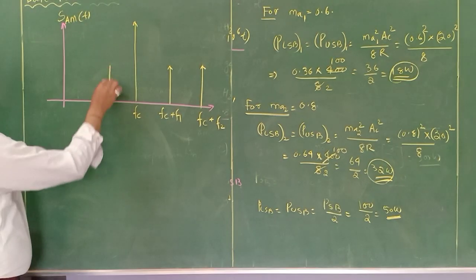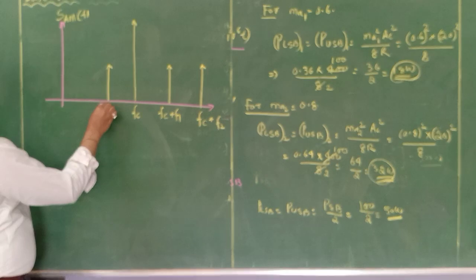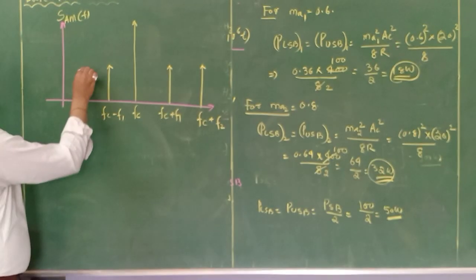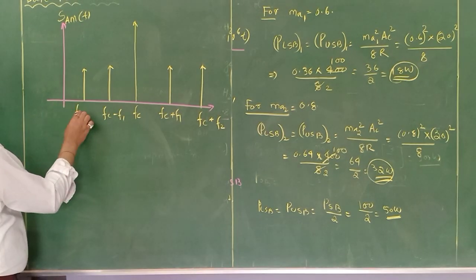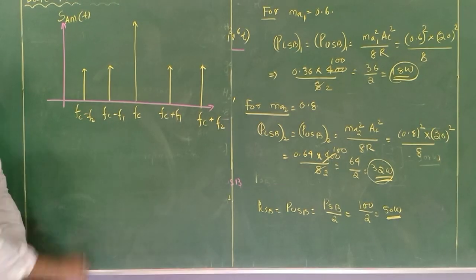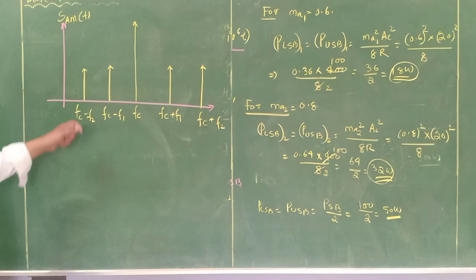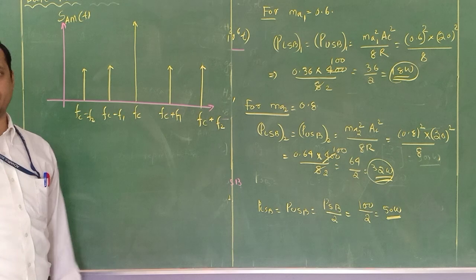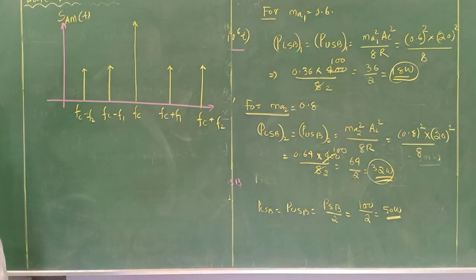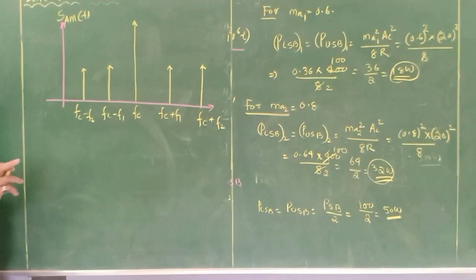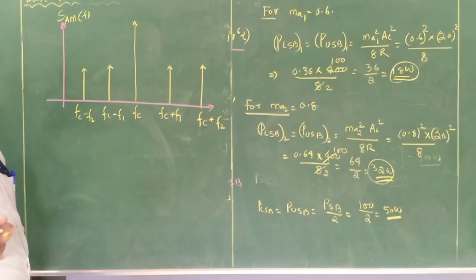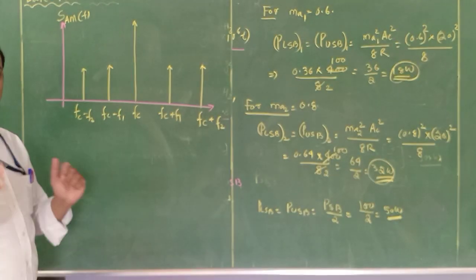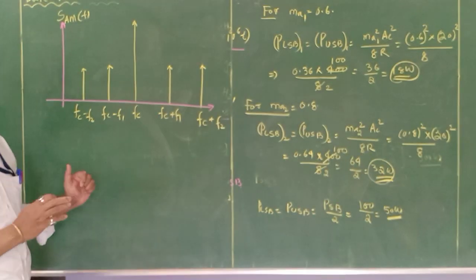Similarly, here I will represent Fc minus F1, and the second lower sideband Fc minus F2. First I will discuss with respect to frequency, then we will go for the amplitude available in our multi-tone signal. Since there are two modulating signals with two different frequencies, we have 5 spectral components: 2 upper sidebands, 2 lower sidebands.